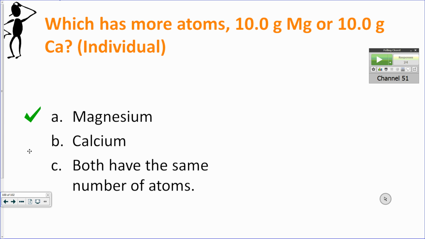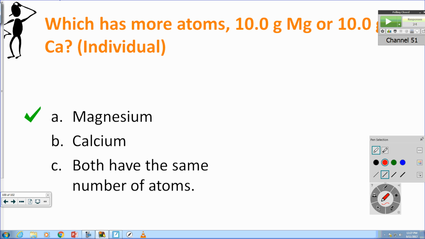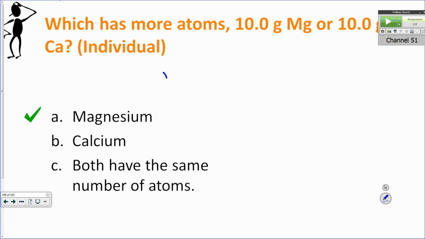If I wanted to know which had more atoms, I'm going to set the problem up now. So I've got 10 grams of magnesium atoms. And I know the mass is 24.31 grams per mole.